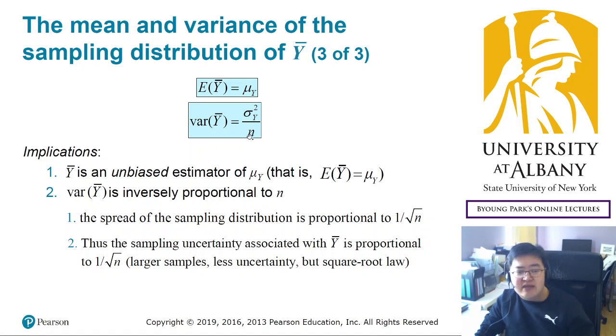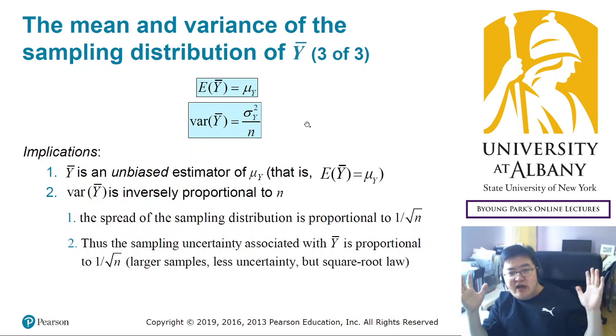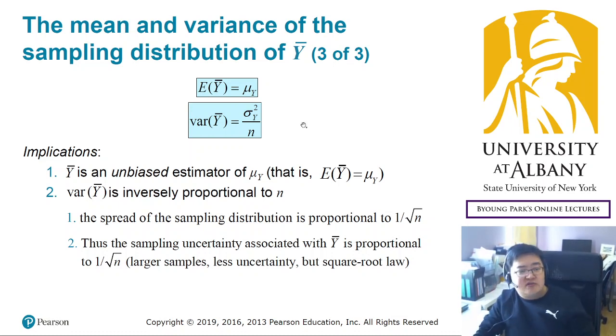So as n goes to infinity, the variance of your estimator will converge to zero, which is nice because zero variance means there is no uncertainty. Your estimator will be more certain and more accurate as n increases. It's intuitive because the more observations you have, the better you can do. So that's not a surprising result.